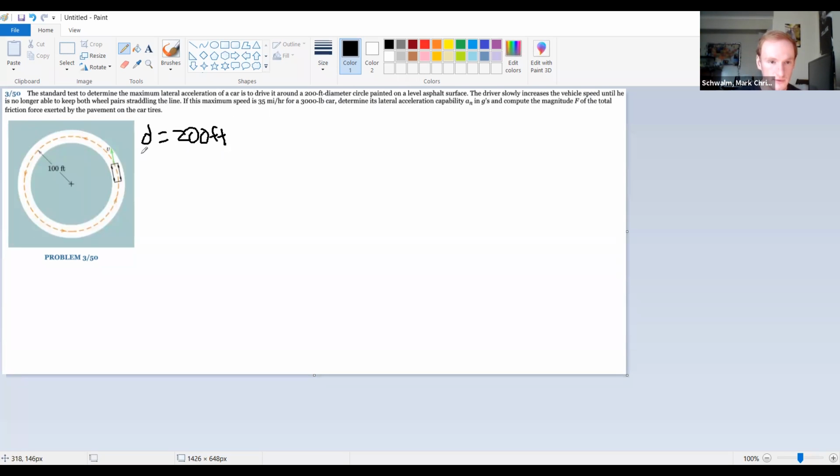We're also going to throw the radius right there. So that's 100 feet. They also gave us the maximum speed, so we have a velocity of 35 mph and a mass of 3,000 pounds.